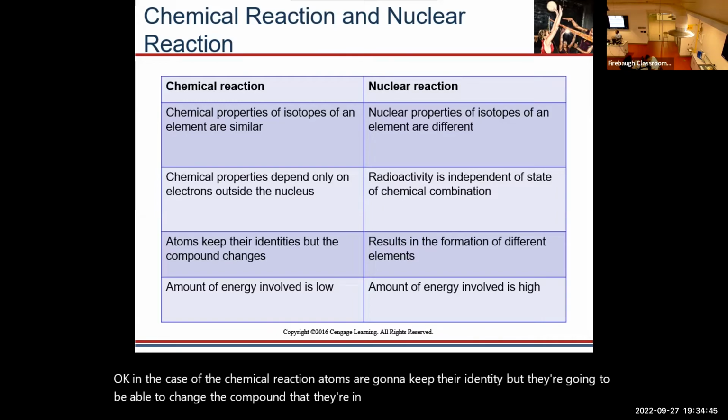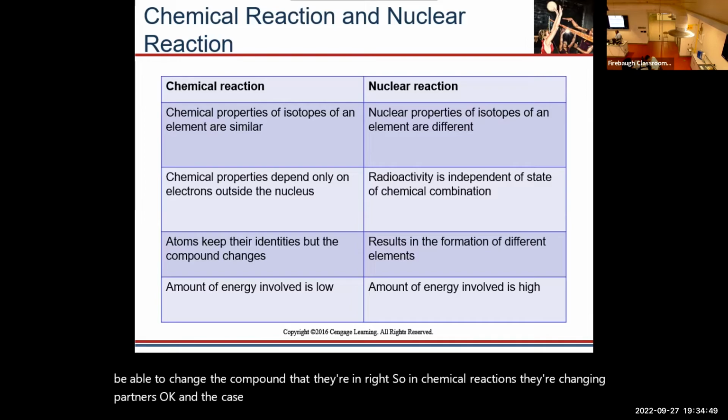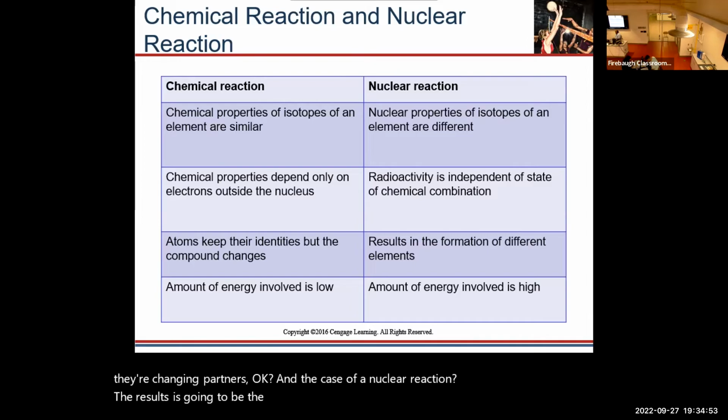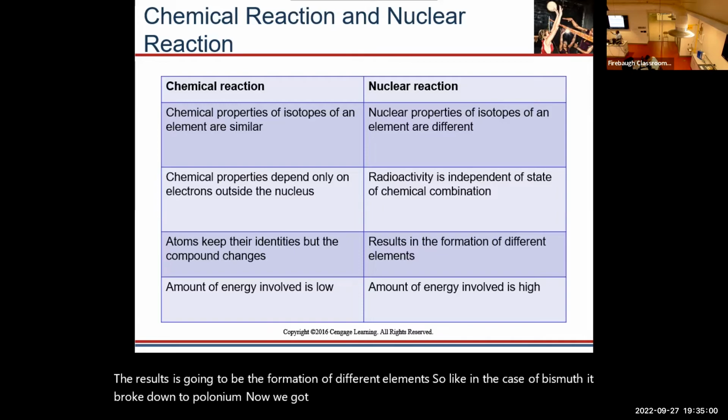So chemical reactions change compounds. In the case of a nuclear reaction, the result is the formation of different elements, like in the case of bismuth, which broke down into a different element. You guys see that?